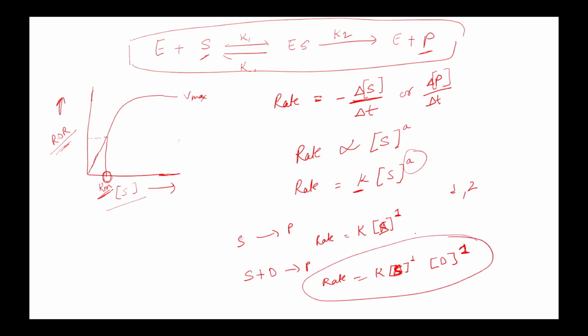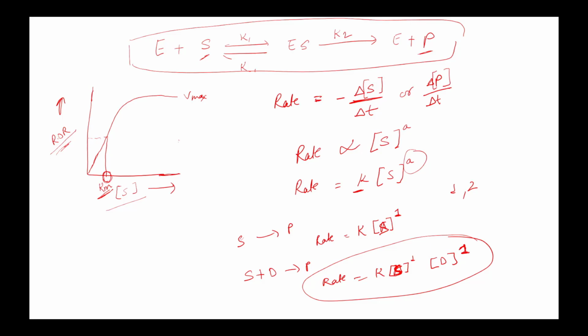Sometimes the rate of reaction is zero order also, when it doesn't depend on any of the reactants. If the rate of reaction does not depend on the concentration of the reactant, it is called a zero order reaction.